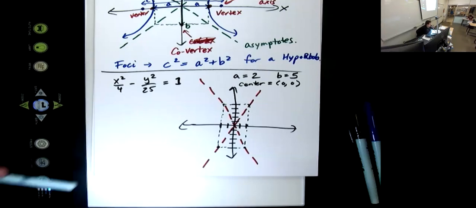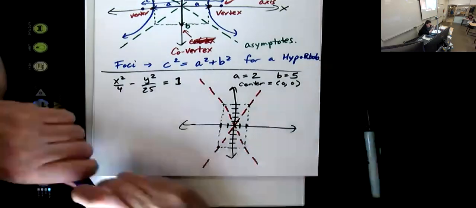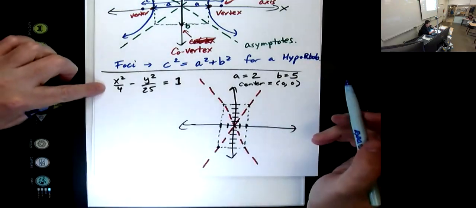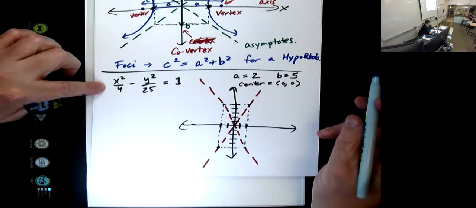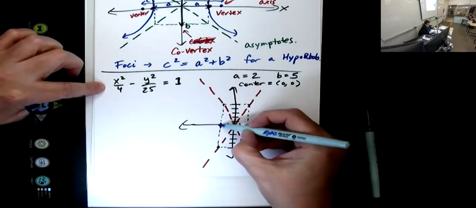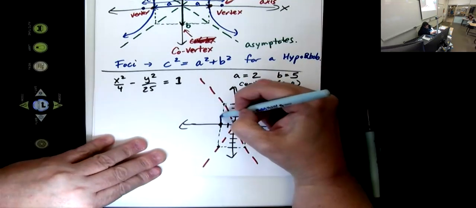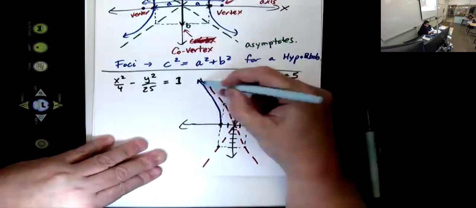You make the box, get the asymptotes. Now, the only thing that's left is to draw the ellipse, or not ellipse, hyperbola. Whatever one's the positive one, that's the axis you're going to go from. You go to the box where those points are, and you just draw a curve that's approaching the asymptote.